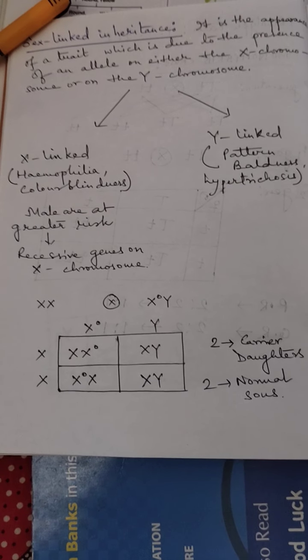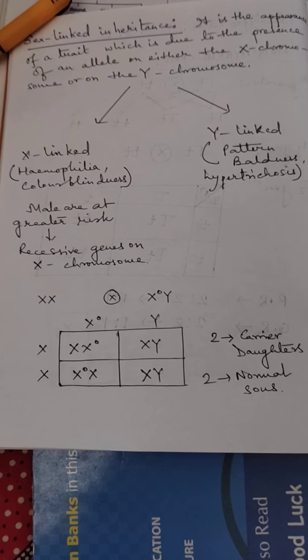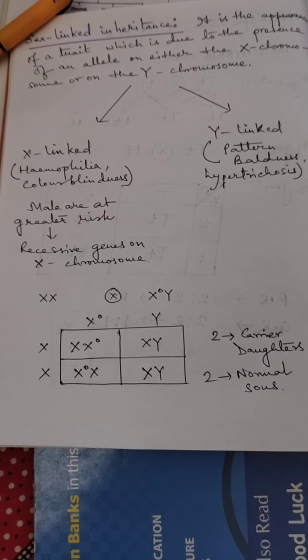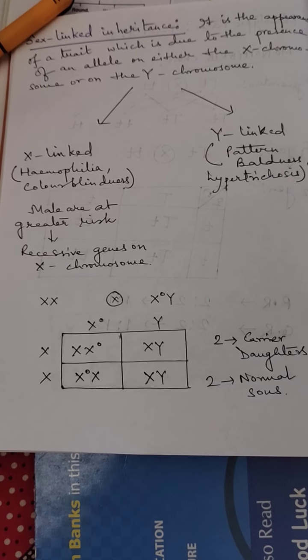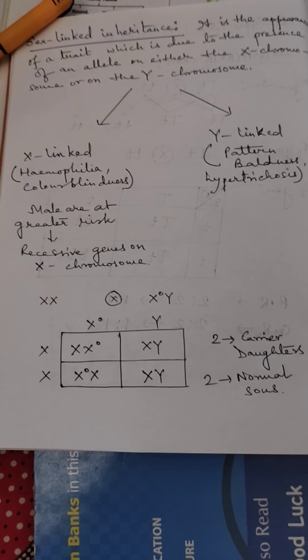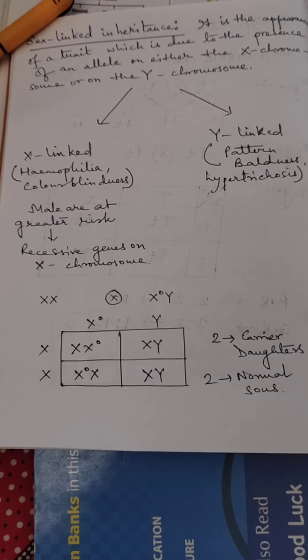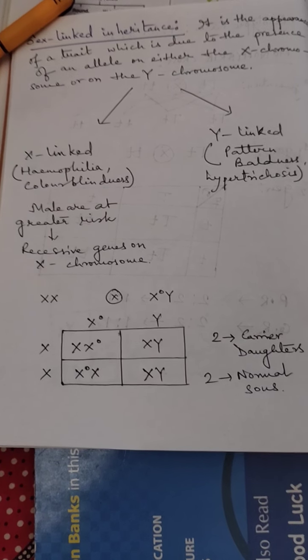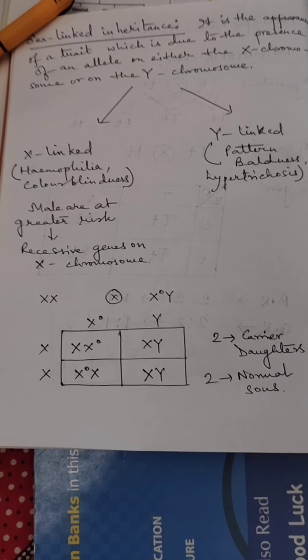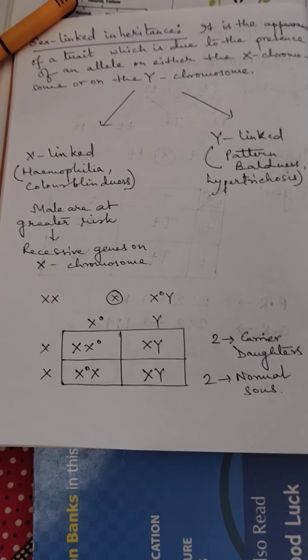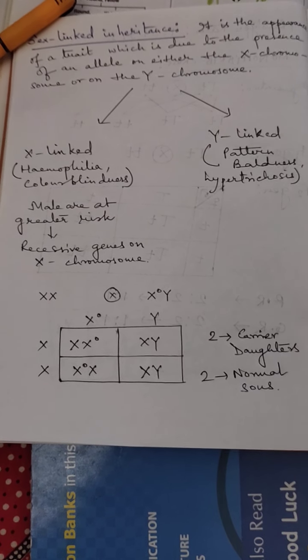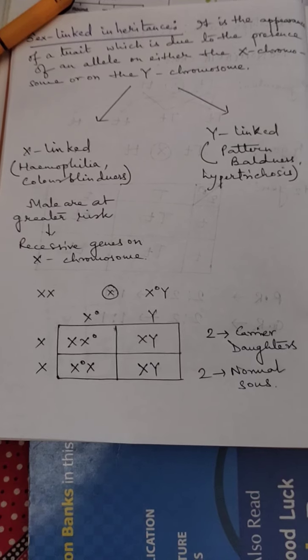Next, another very important part is sex-linked inheritance. It is the appearance of a trait which is due to the presence of an allele on either the X chromosome or on the Y chromosome. This is a mode of inheritance which can be found in human beings because of an allele which is present on the sex chromosomes.